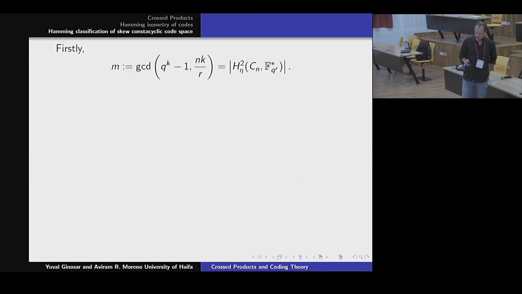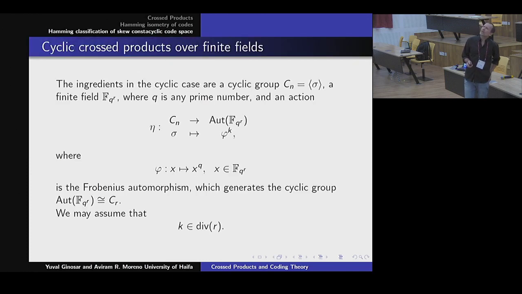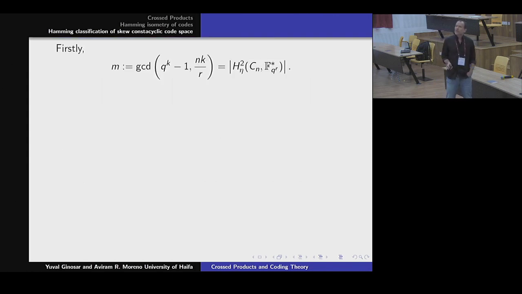So the answer, the classification of these cyclic cross products according to Hamming isometry, should be a function dependent on four parameters, n, q, r, and k, with the demand that k is a divisor of r. So we need to have an action depending on this quadruple.